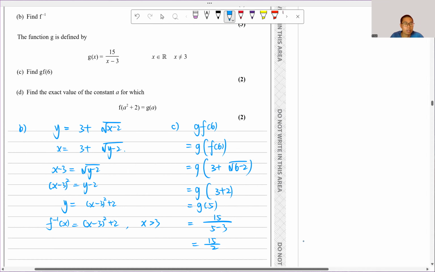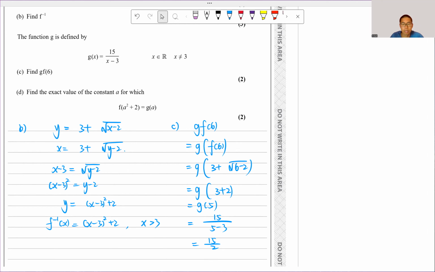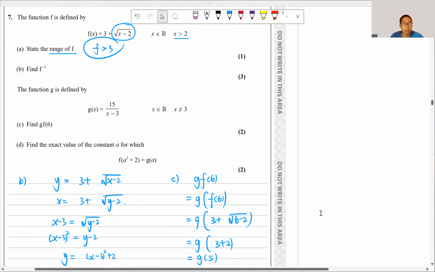And then part D, find the exact value of the constant a for which f(a squared plus 2) is equal to g(a). Okay. So we know f(x) is 3 plus the square root of x minus 2.